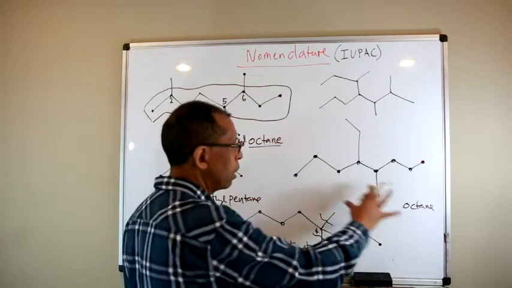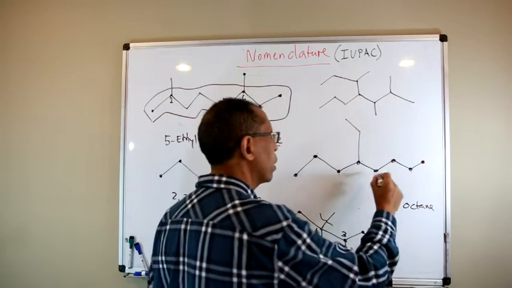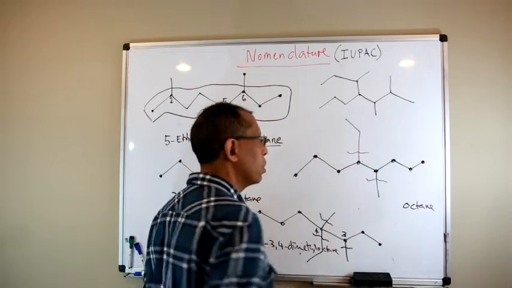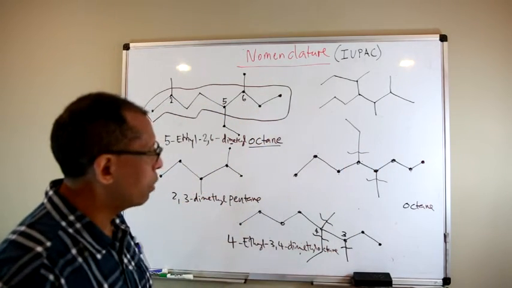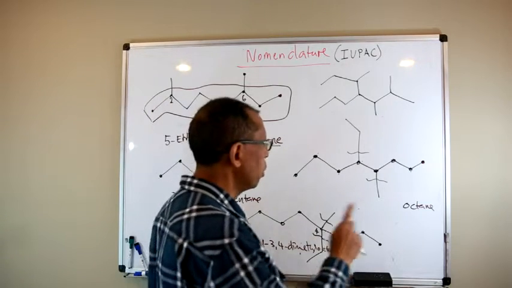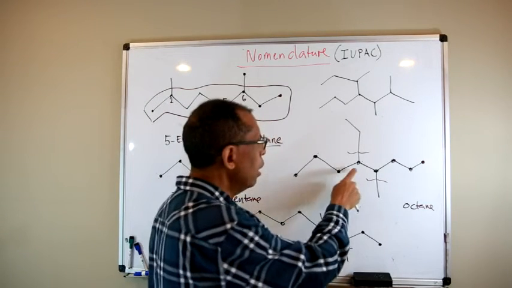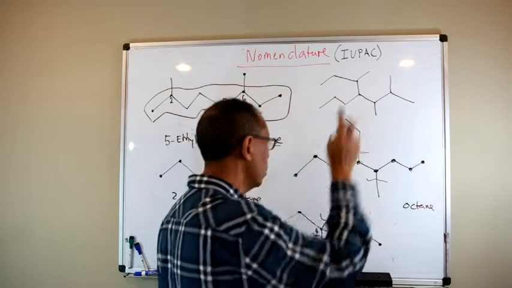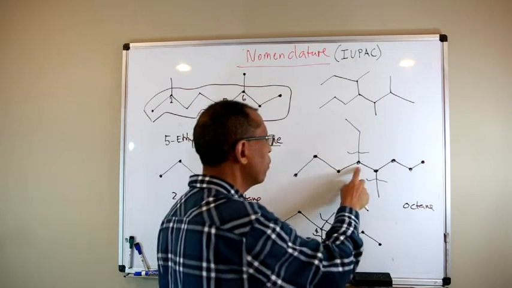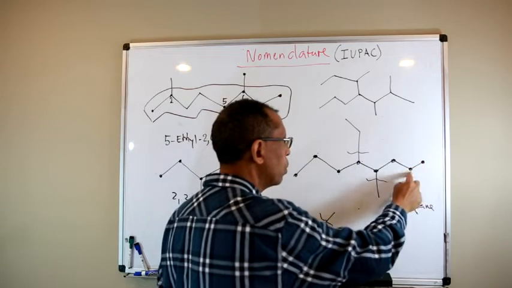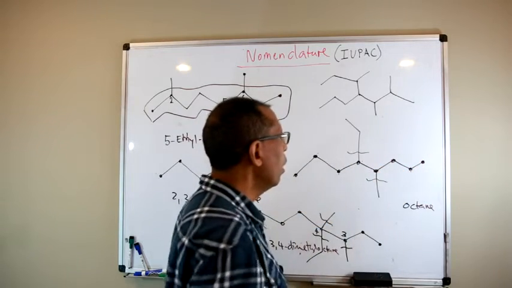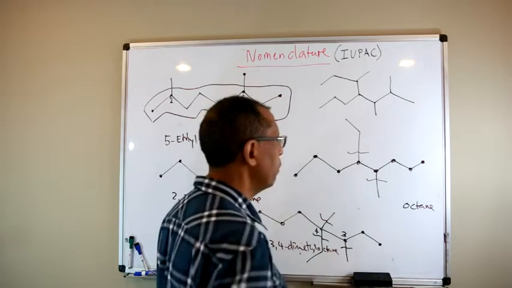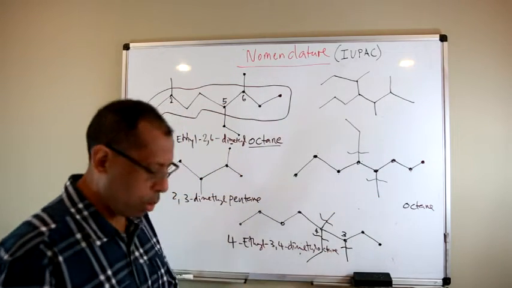Now there are only 2 substituents. If you have this chain, this is a substituent, this is a substituent. You don't start from here, because it would place your substituent at a higher number. Actually, both are at the 3rd position in terms of the position you have.